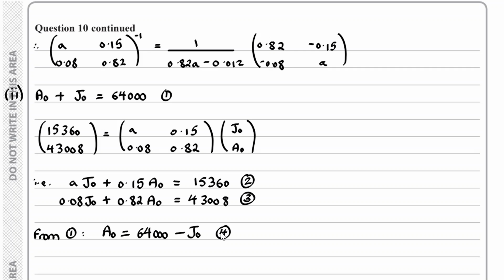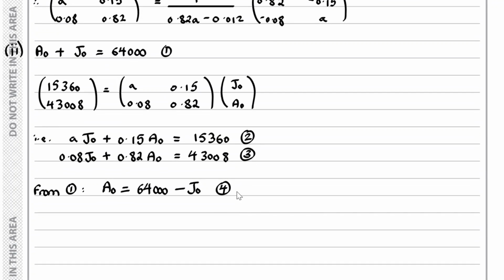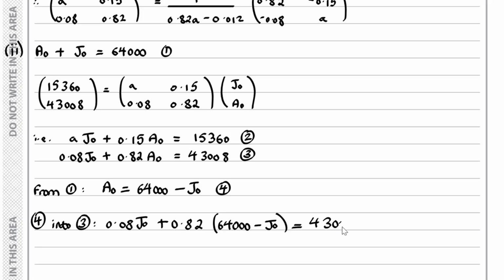And we can now substitute equation 4 into equation 3 to find out what J0 is. So we have 0.08 lots of J0 plus 0.82 lots of 64,000 minus J0, and this is equal to 43,008.